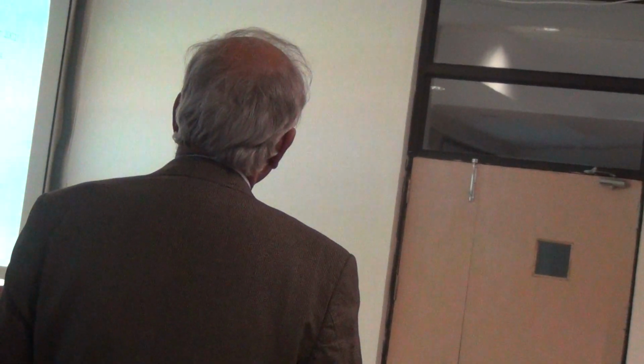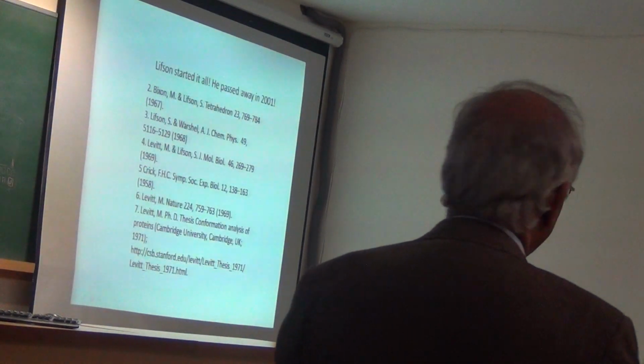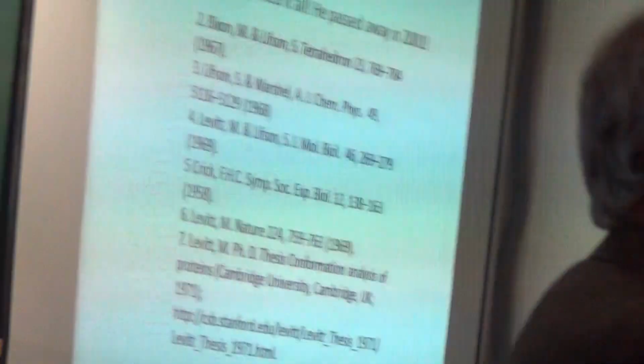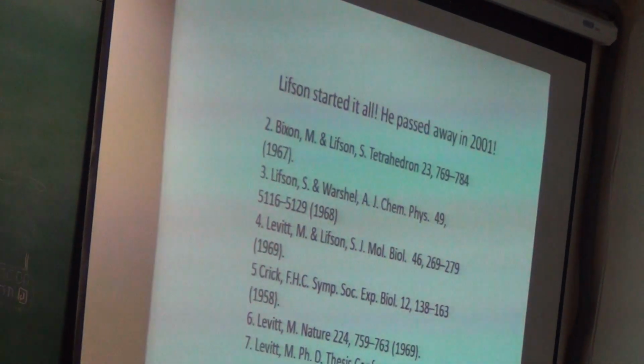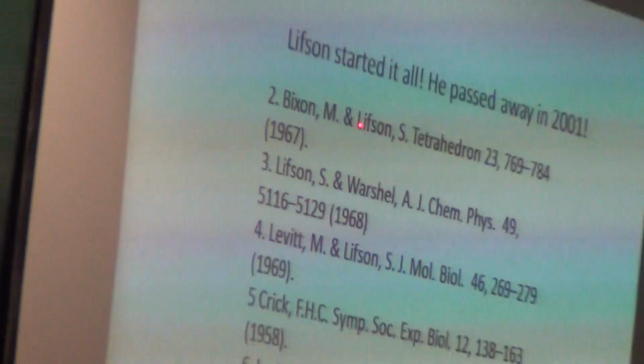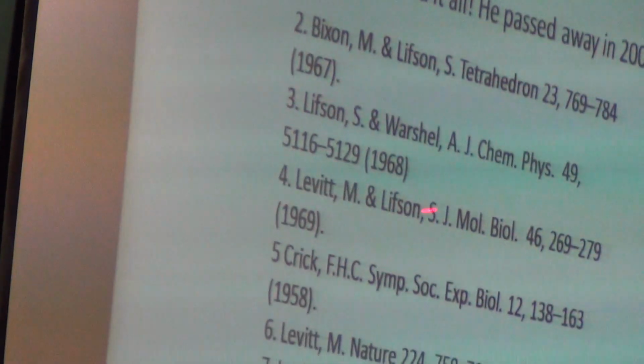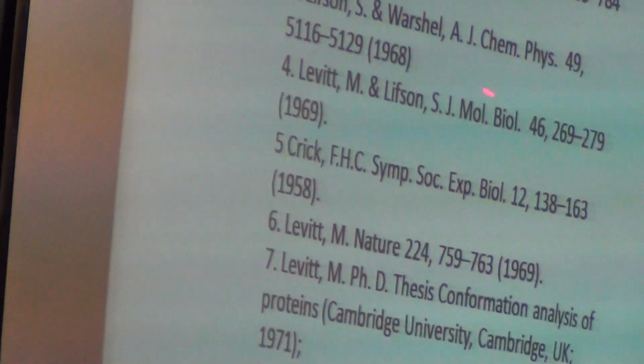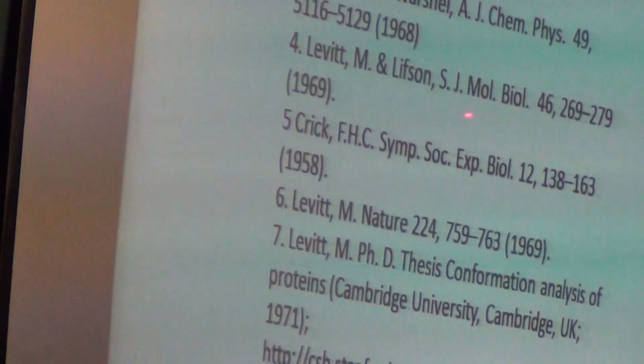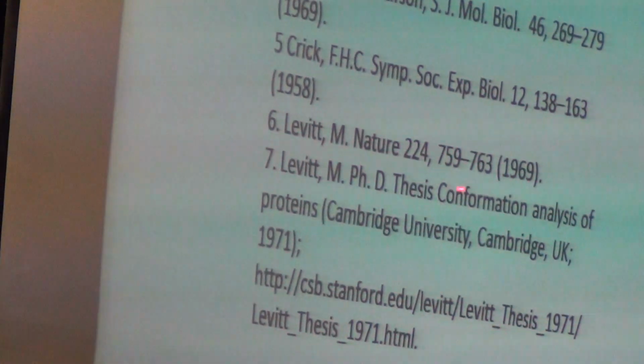So here is the summary. This is a reproduction from Levitt's article in Nature. I skipped the first one because it refers to somebody else who was working in structural biology, so it starts with reference number 2. You can see Lifson was publishing in Tetrahedron, Lifson and Warshel published in J. Chem. Phys., Levitt and Lifson in the Journal of Molecular Biology, and then there is Levitt in Nature.